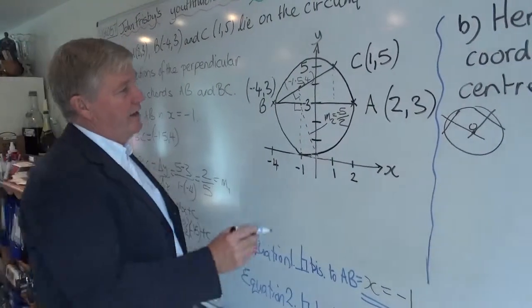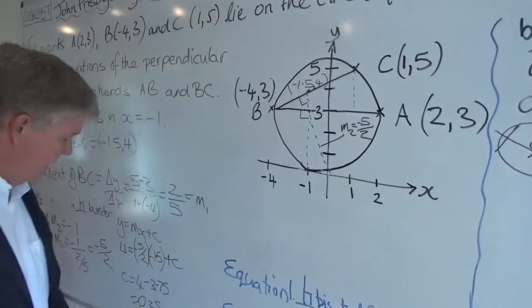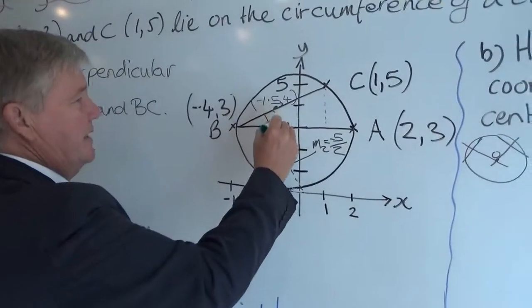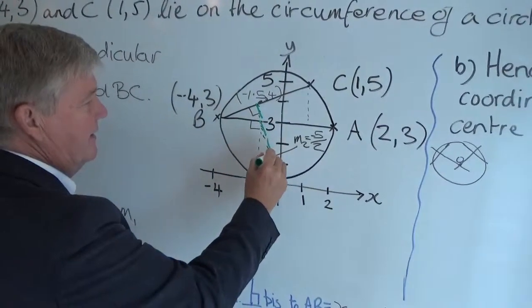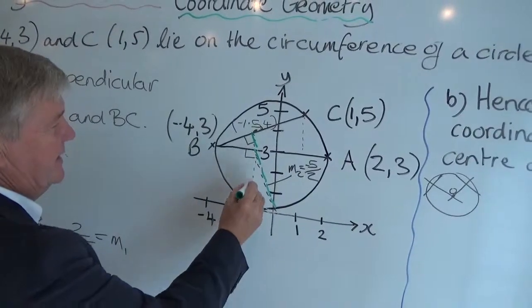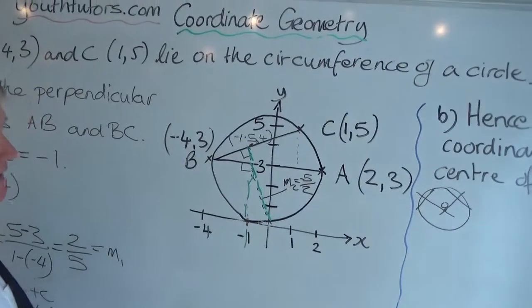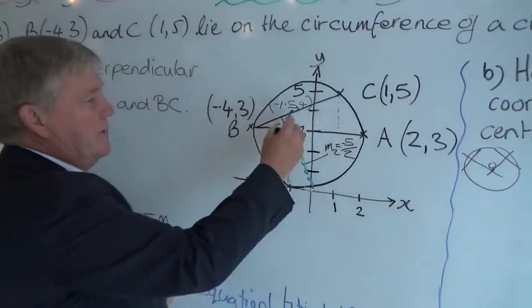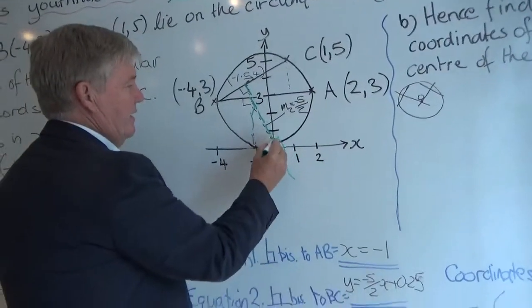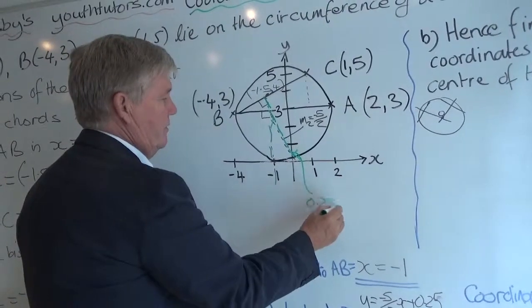In our diagram, I'll do this in colour, we've got a perpendicular bisector here, and we've got a perpendicular bisector here, and we know they're going to meet round about this area. I'll mark that point in there.